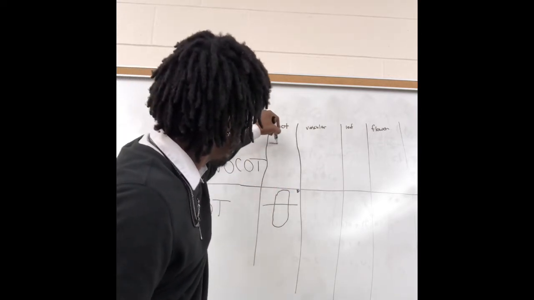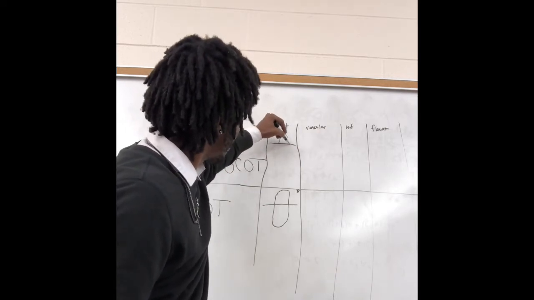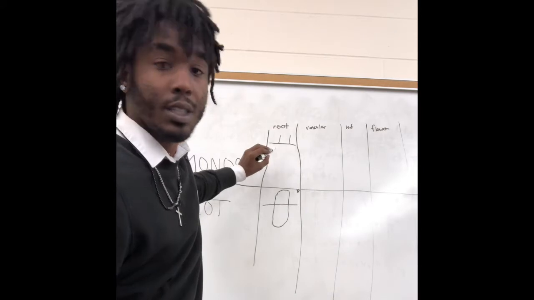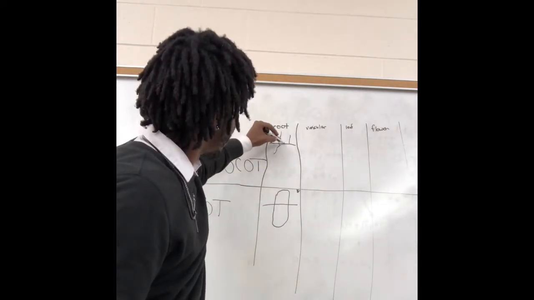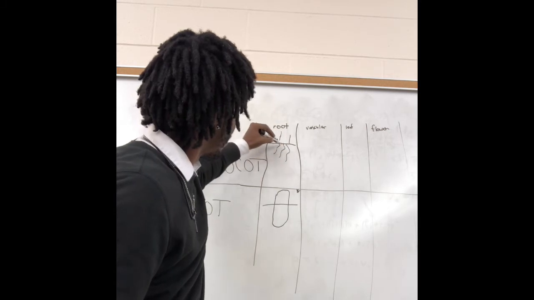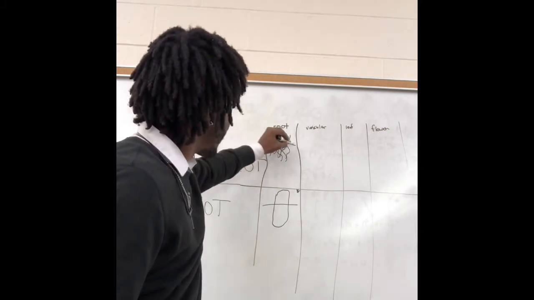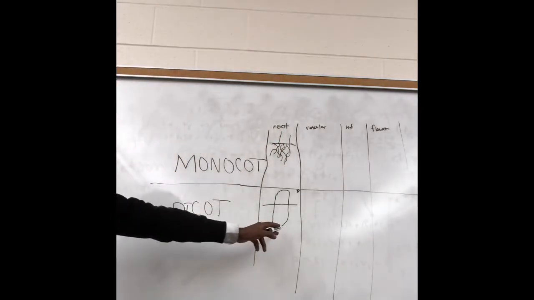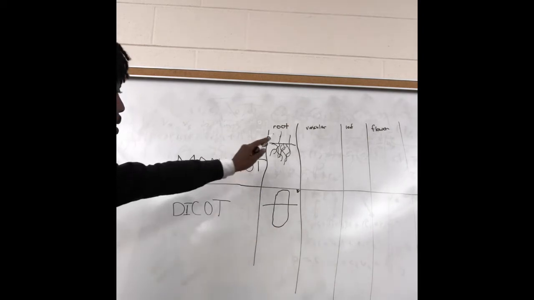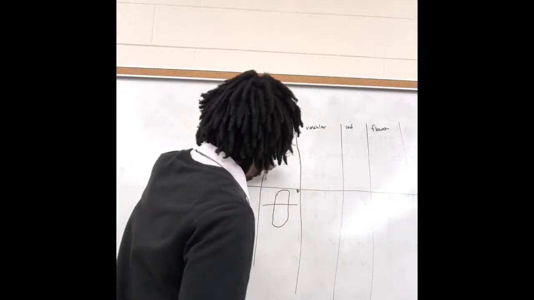Versus here, a monocot, the root system, if this is the tree up here, as you can see, if I'm drawing the tree here, the root system underneath will go all over. So that is the difference between the root systems. A dicot is a taproot. A monocot is fibrous.